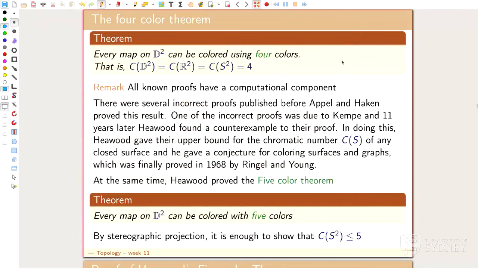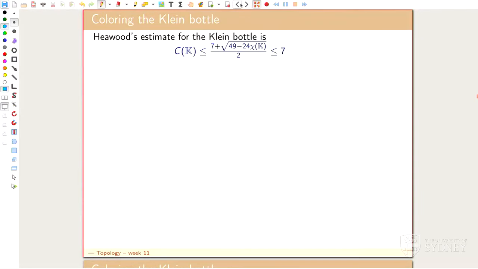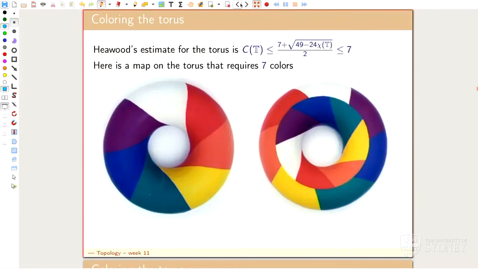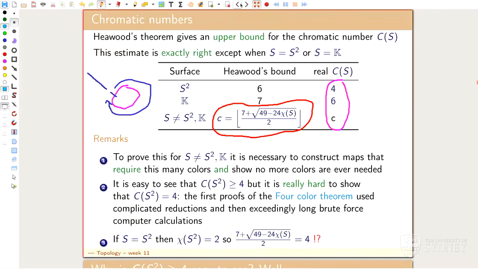Anyway, and then we discussed a little bit the generalization of this theorem, and we ended up with coloring maps on other surfaces, and there's a closed formula that does the job. It's really remarkable.